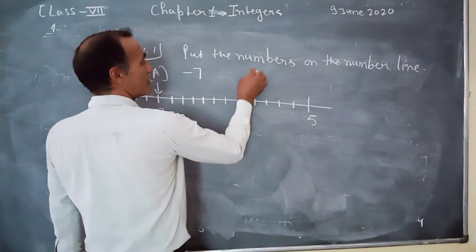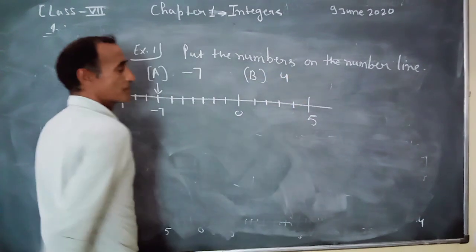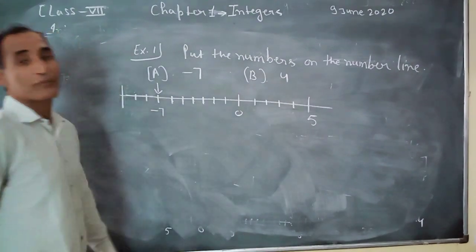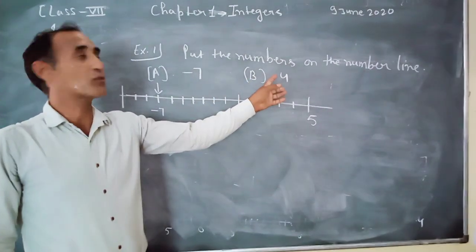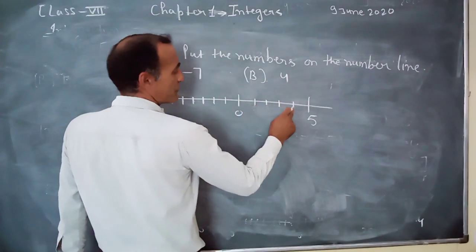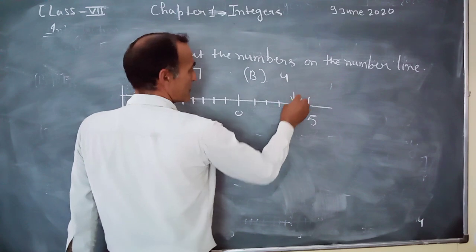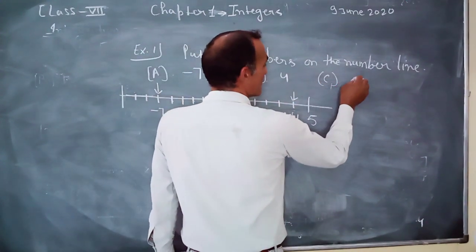B: 4. It is a positive sign, because there is no sign in front of this digit, so it means it is positive. So 1, 2, 3, 4. It is 4. C: 9.